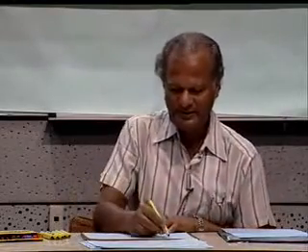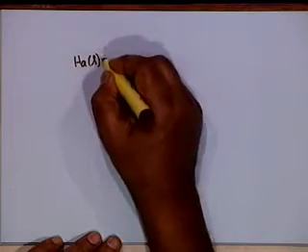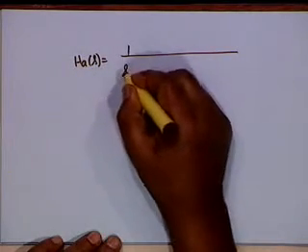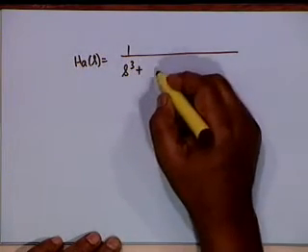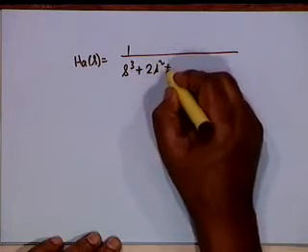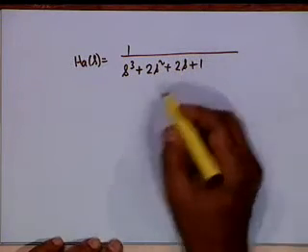Okay. We can also write this specifically as 1 over, if we multiply this out, S cubed plus 2s squared plus 2s plus 1.